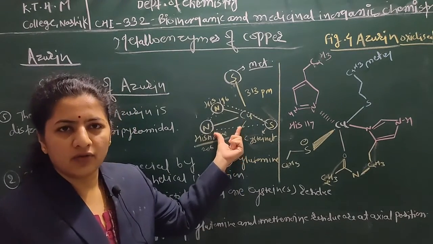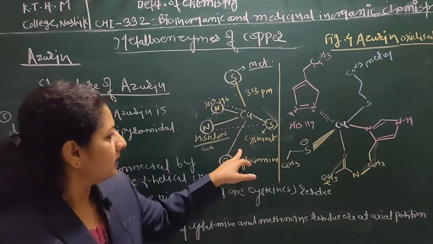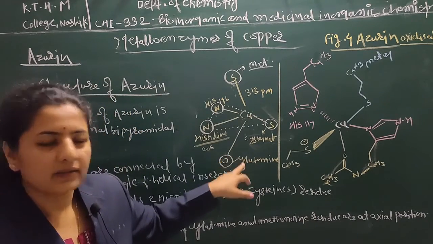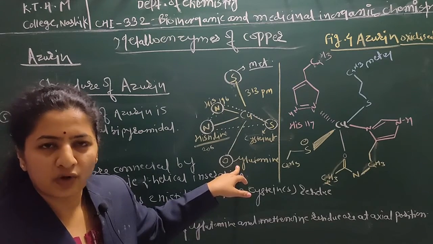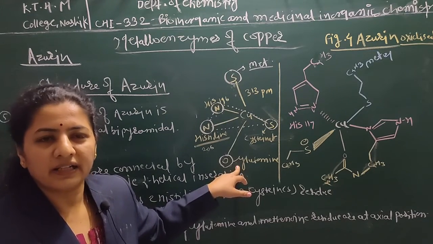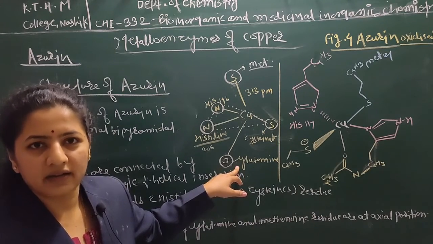There is a hydrophobic patch, and in this hydrophobic patch two residues, methionine and glutamine, are present, which interact with their redox partners, that is cytochrome and nitrite reductase.